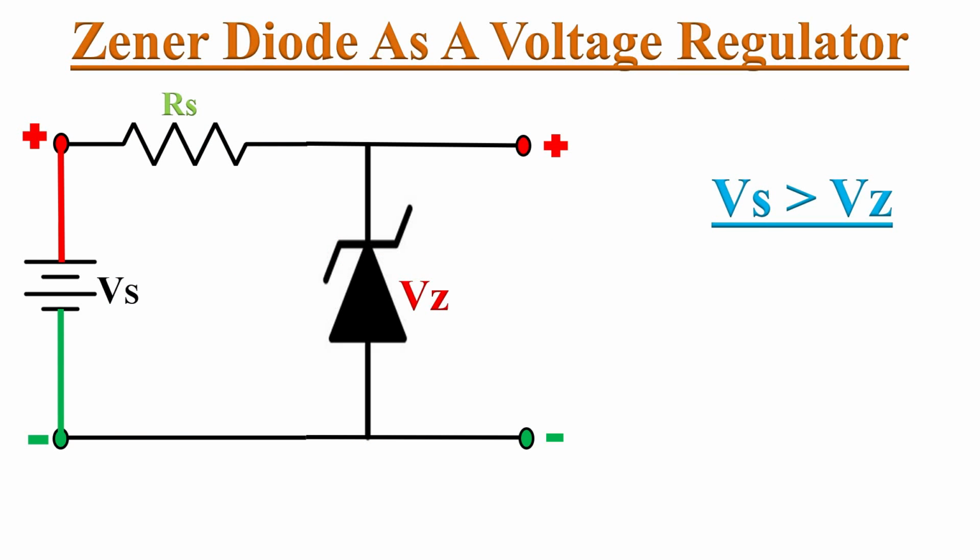Under this assumption, when the input voltage Vs is more than the Zener breakdown voltage Vz, the Zener diode will operate in the breakdown region and provide a constant voltage Vz across its two terminals. In this way, we can use a Zener diode as a voltage regulator in power supply circuits.